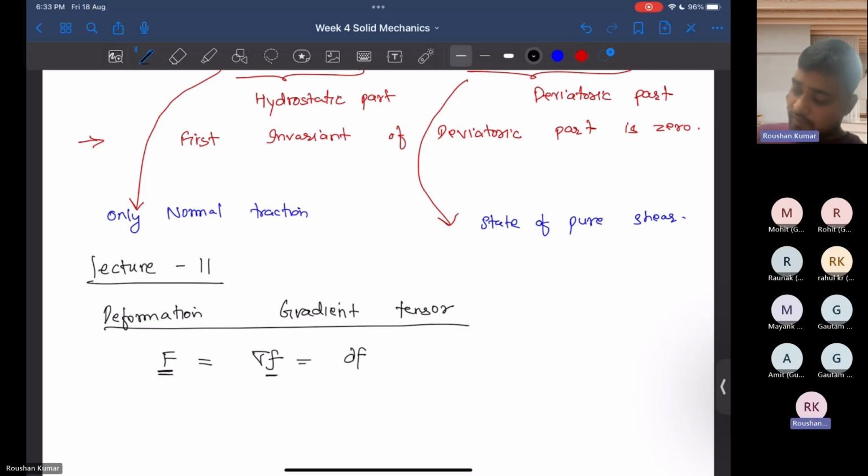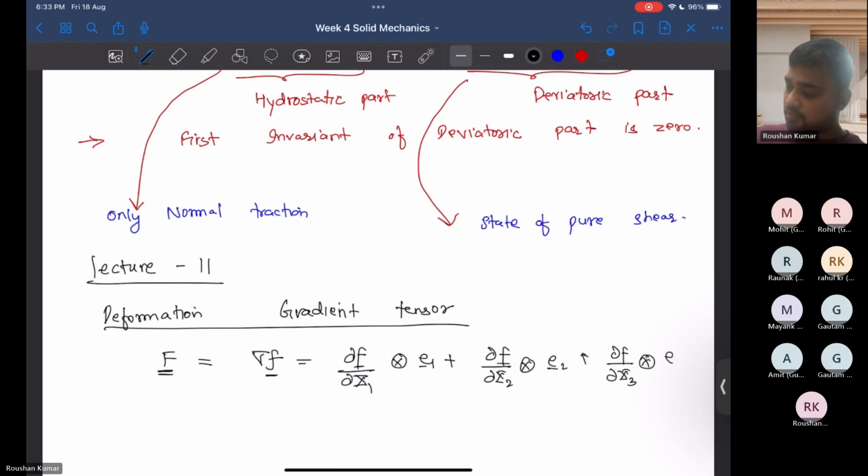When we break it into tensorial form, it can be written in this way: del f upon del x1 tensor product e1 plus del f upon del x2 tensor product e2 plus del f upon del x3 tensor product e3.